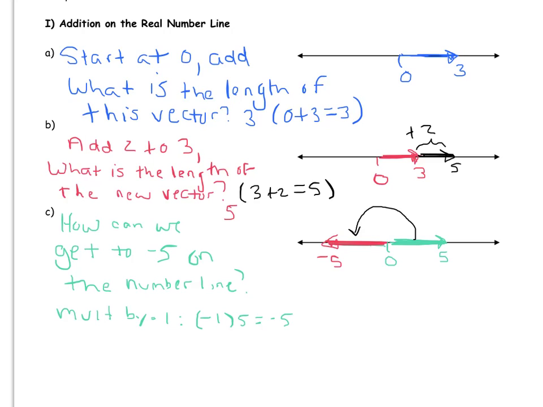We times by negative 1, and now it's facing in the complete opposite direction, but notice it has the same length, right? It has the same length, but it was rotated 180 degrees.